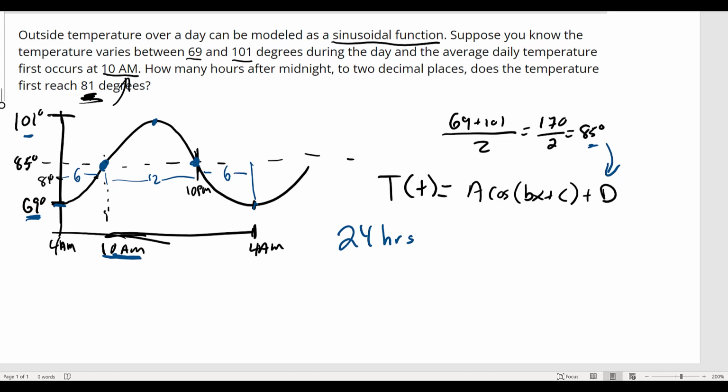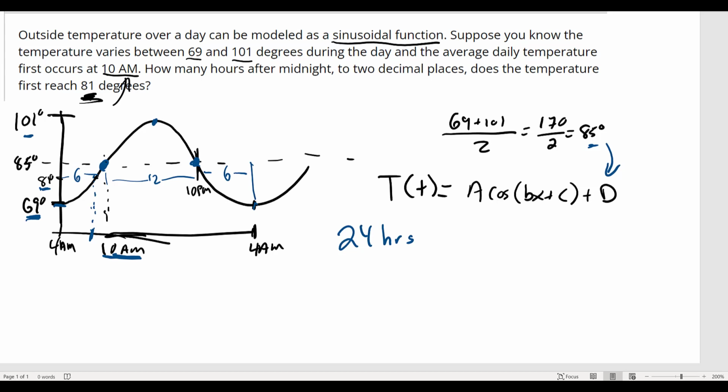So if I go back 6 hours from 10 a.m., it's 4 a.m. So what I'm looking for is the time it's going to be at 81 degrees. So I have 81 here. So that's actually going to be somewhere before 10 a.m. that we're after.